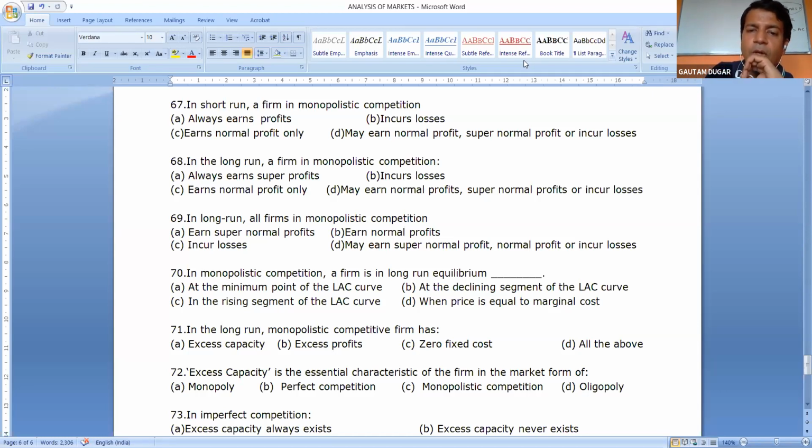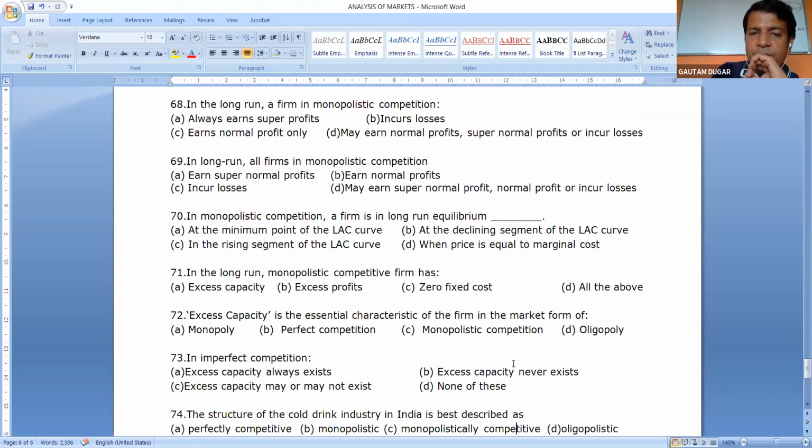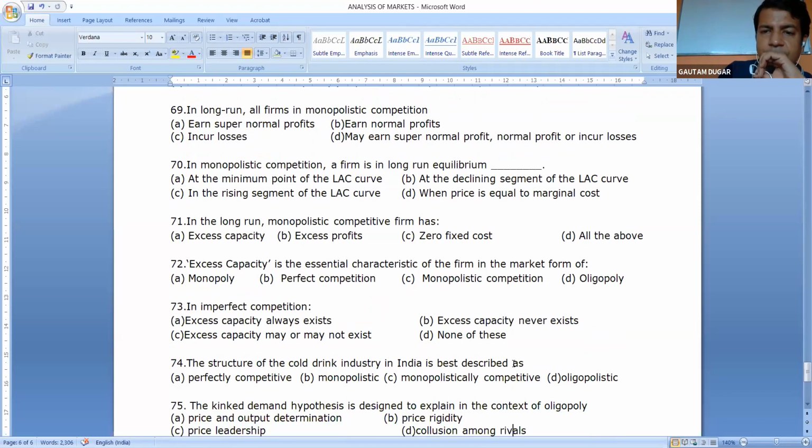71. In the long run, a monopolistic competitive firm has excess capacity, obviously, is the correct answer.